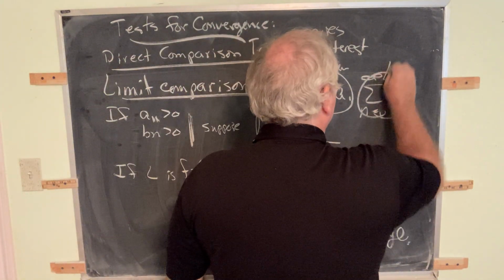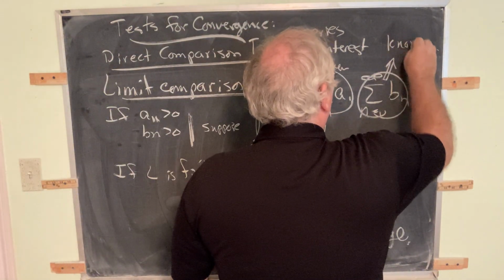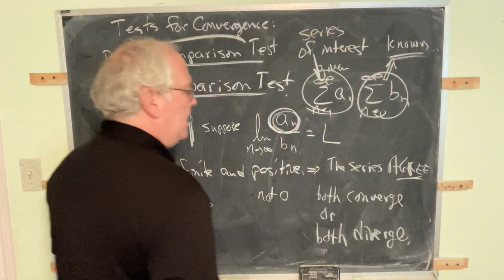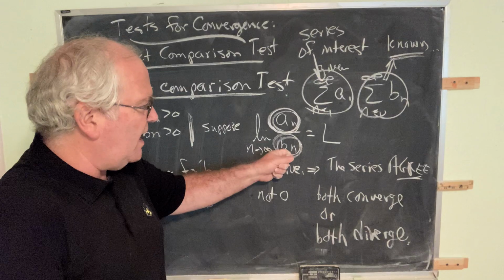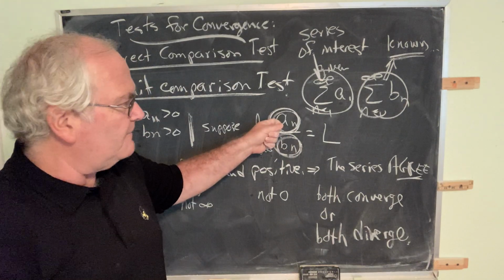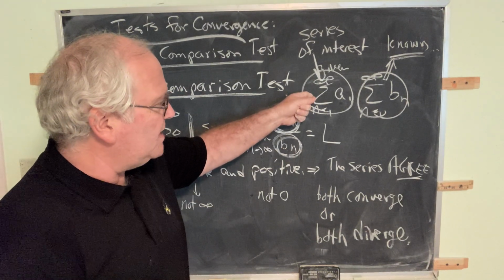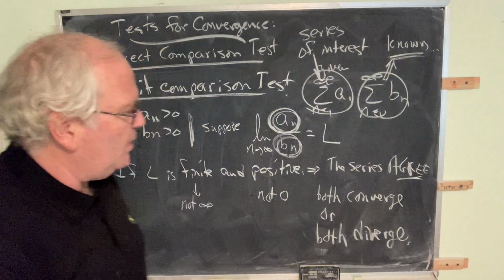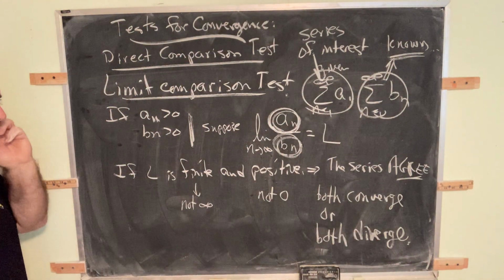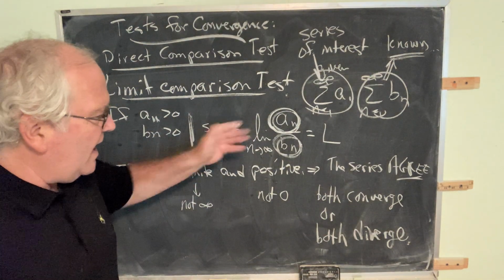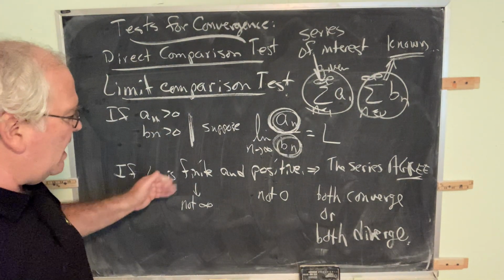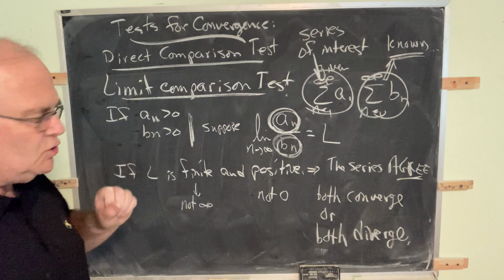Bn is the series with known behavior. This is the series we're investigating, and this is the series whose behavior we know. And what we're saying is if you do the limit, if that's finite and positive, then they either both converge or they both diverge.